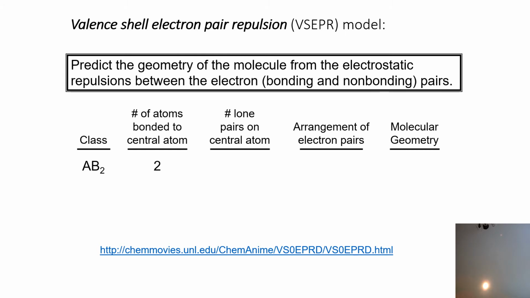We will be counting the number of atoms bonded to the central atom, as well as lone pairs, if there are any. And in the AB2 class, we do not have any lone pairs of electrons.